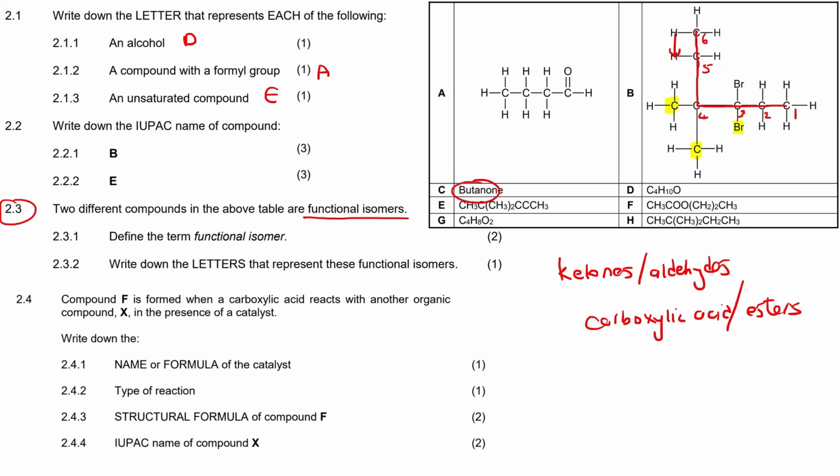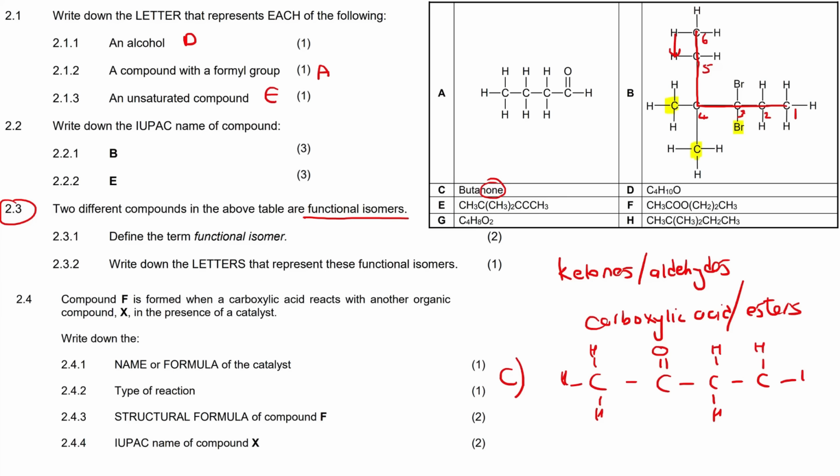If I had to draw butane 1, it's a 4-carbon molecule, and it would have a double bond oxygen. Now remember, because it's a ketone, the double bond oxygen cannot be on the first or the last carbon. It'll always be one of the middle ones. So we go there like that, and then the rest is all hydrogen.